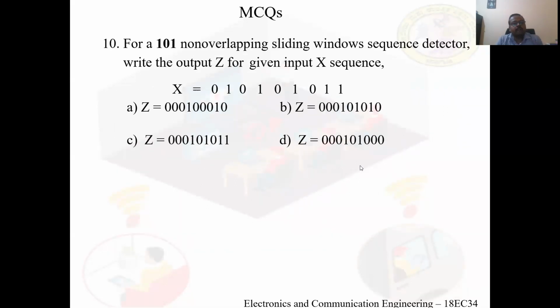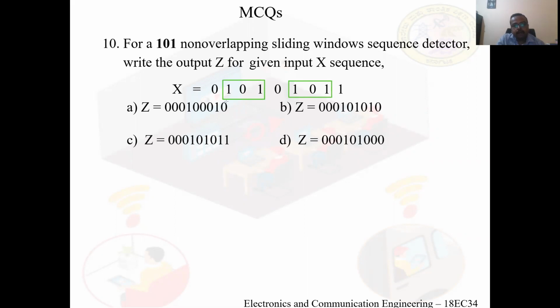Now question number 10. For a 101 non-overlapping sliding windows sequence detector, write the output Z for the given input X sequence. Now it says non-overlapping. So how do you do it? This one and this one.